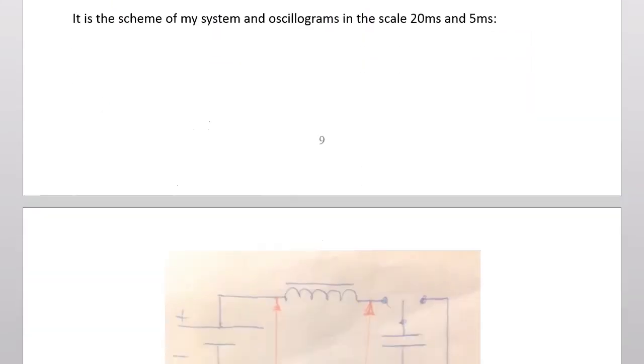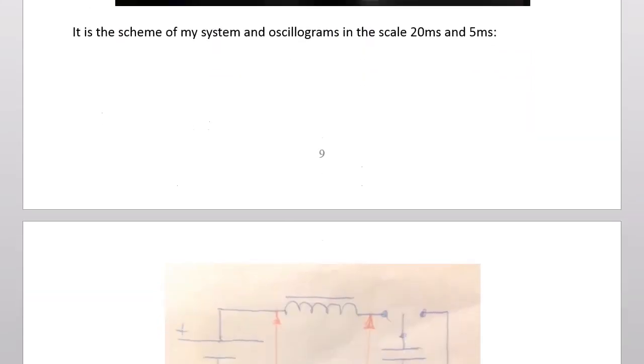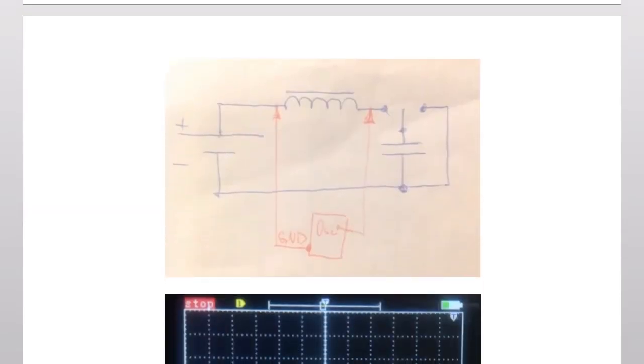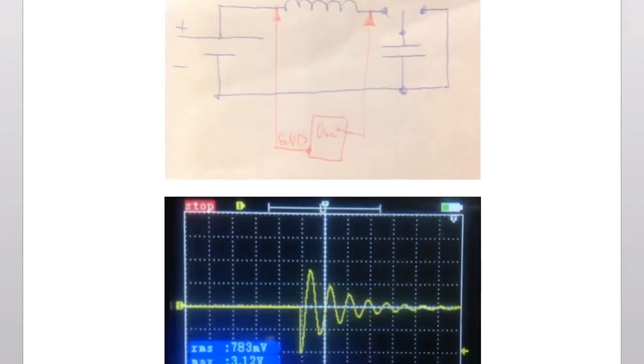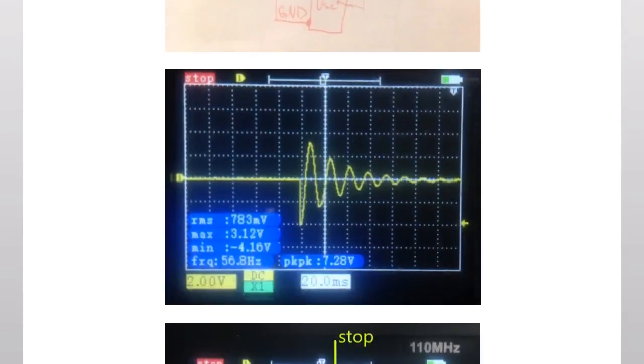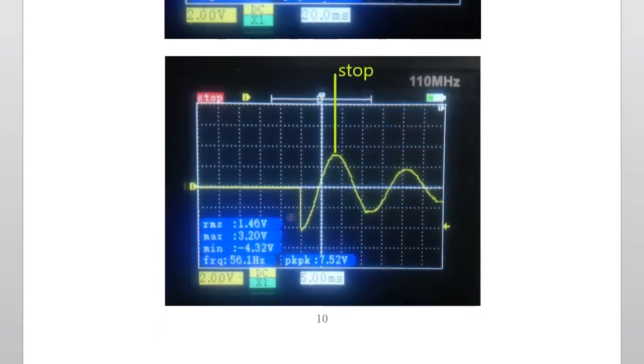Next is the scheme of my system and oscillograms in the scale of 20 milliseconds and 5 milliseconds. This is my scheme, it's the same, and these are my results. This point I called stop.